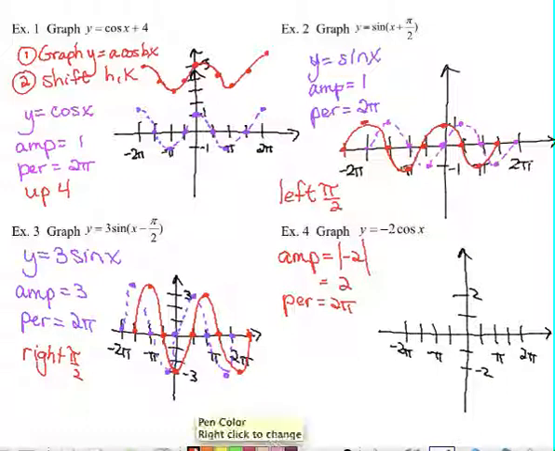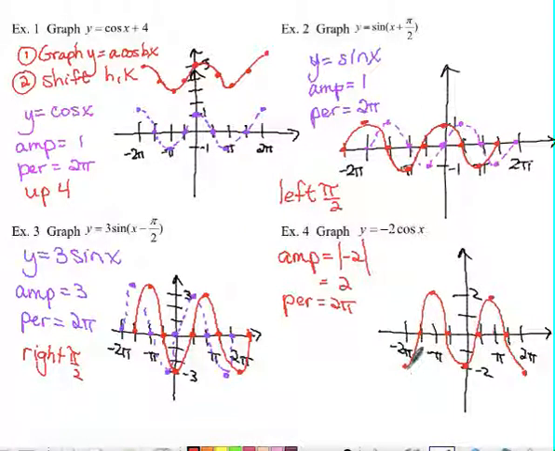So here we go. Instead of this starting up at positive 2, this is going to start down at negative 2. And again, it's solid because I don't have any other shifts going on. Another thing I want to point out to you is when you're graphing sine and cosine, notice that where you start and where you stop should be the exact same y value.